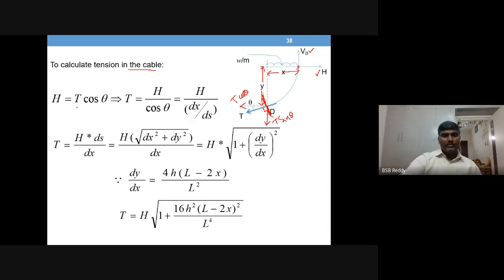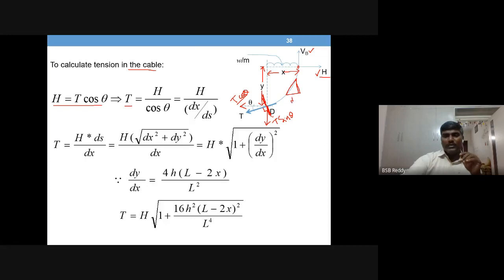Okay. So T cos theta, sigma Fx is 0, if you see. So this is horizontal force and this horizontal force. So T cos theta minus H is equal to 0. So T cos theta is equal to H. So T is equal to H by cos theta. So H divided by cos theta. Okay. So if you just see that if you take a portion of the cable, right?